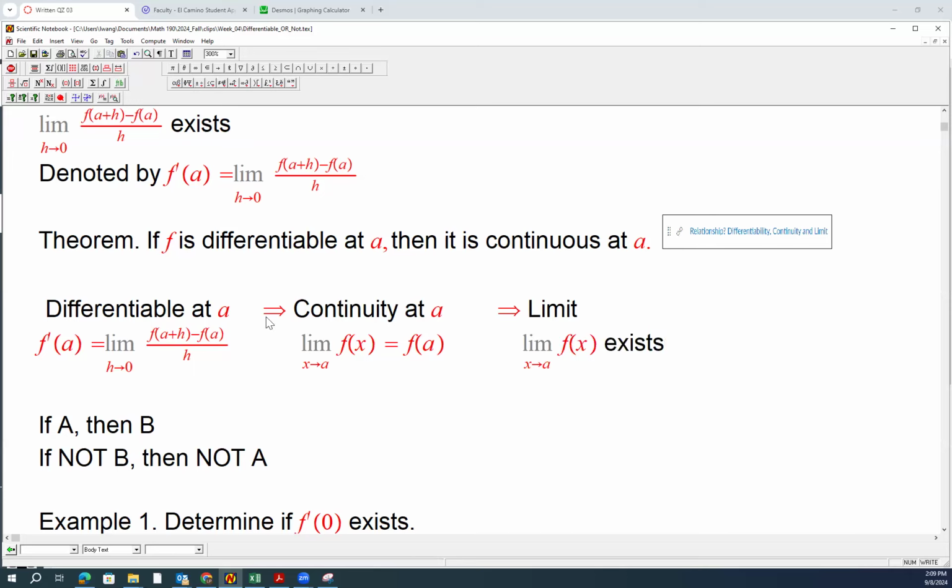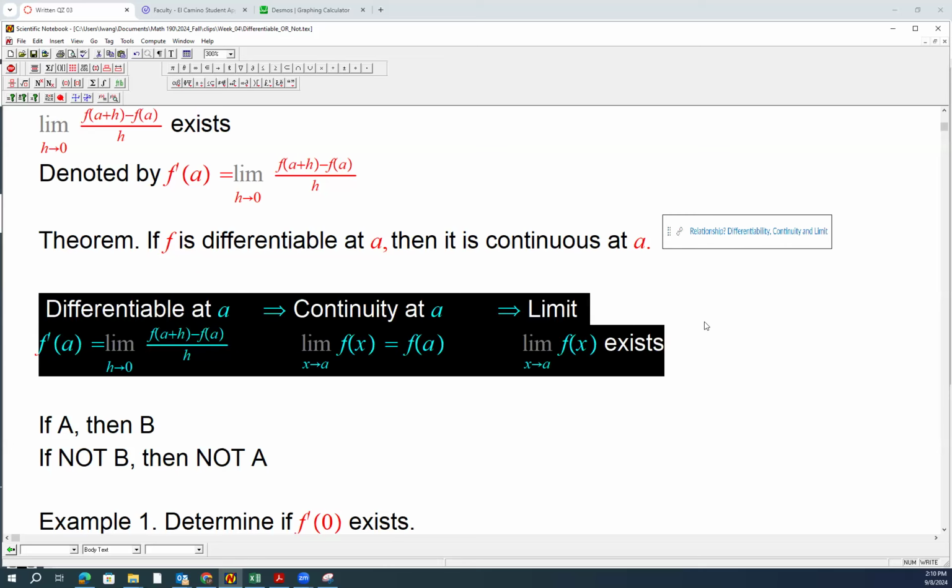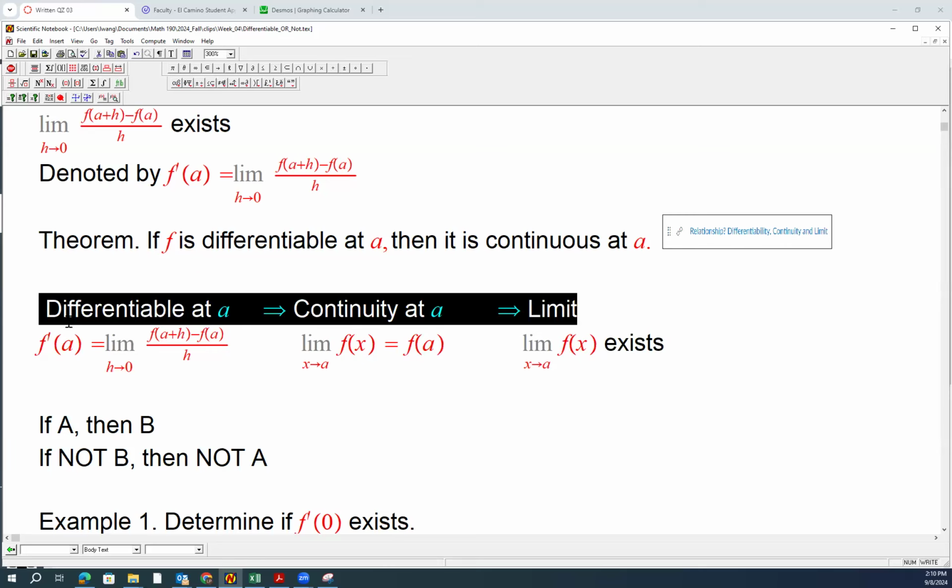The relationship between these three concepts, differentiability, continuity, and limit, is set up this way. In other words, if we have differentiability, then we have continuity. If we have continuity, then we have limit.